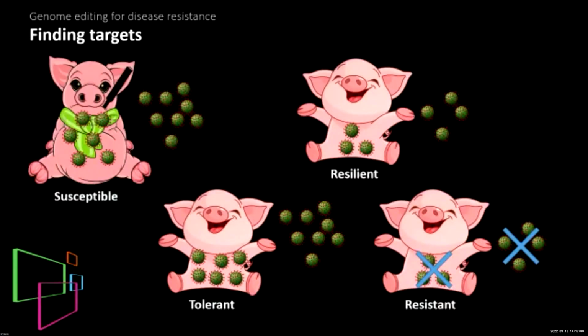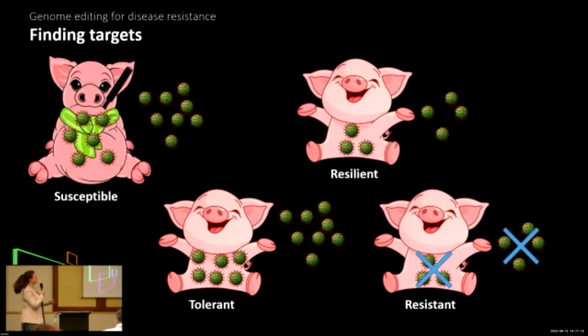So the major problem that we have when we want to look for disease resistance in a population is that we see these piglets and we may associate what is behind it. So we can measure how much virus they release, and we say the low virus-releasing pig is resilient.